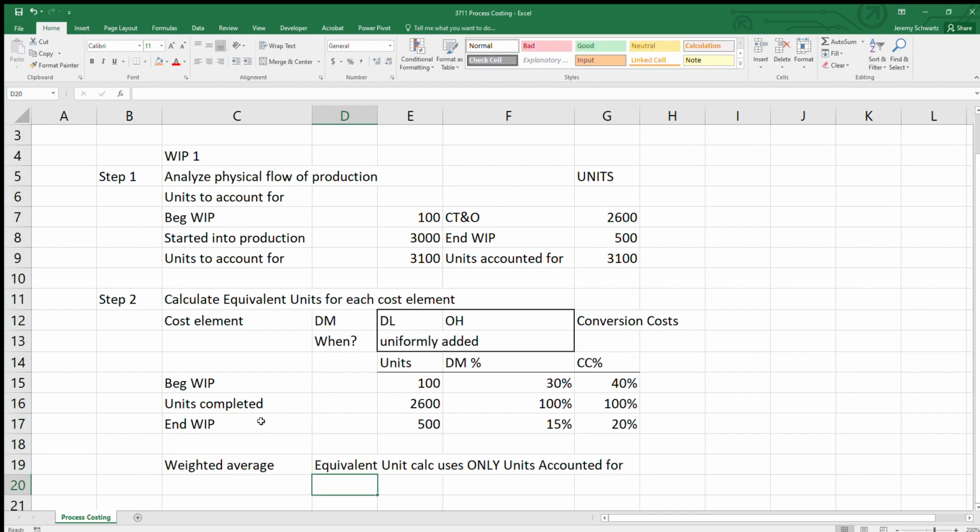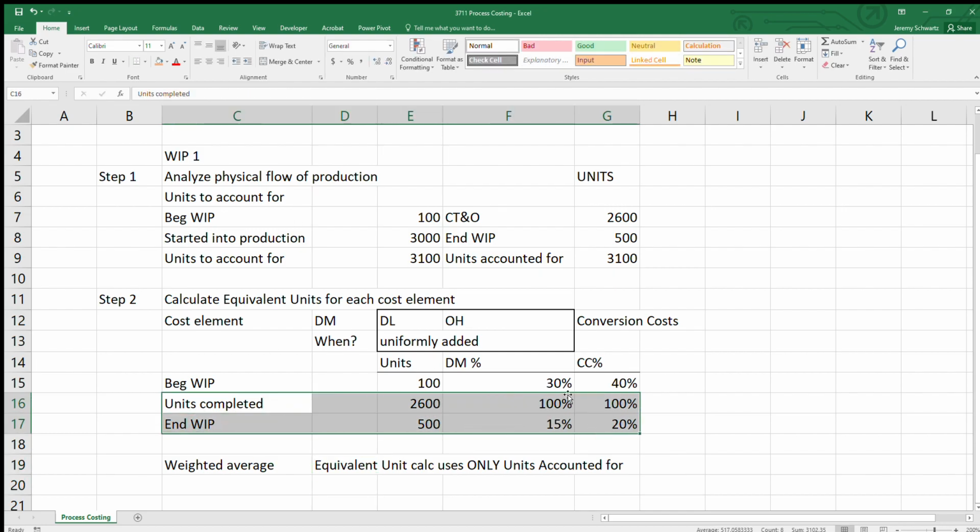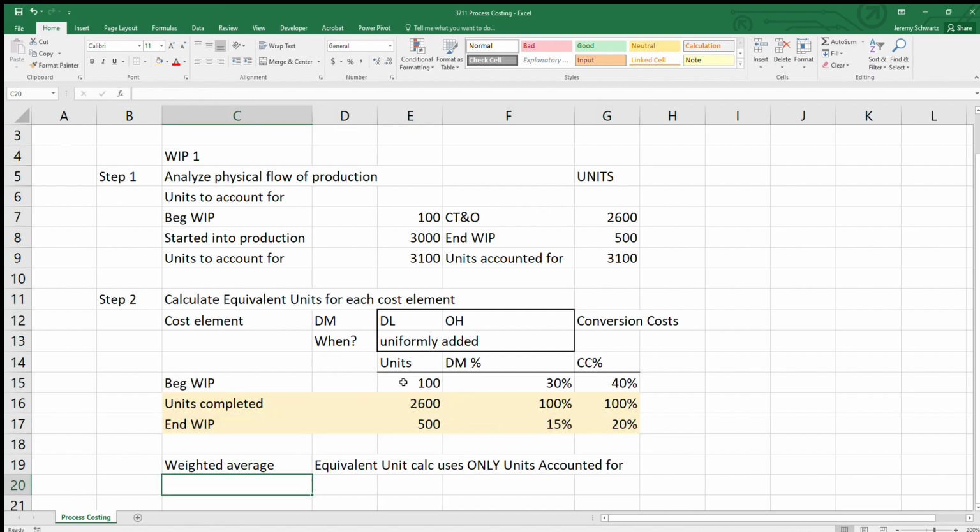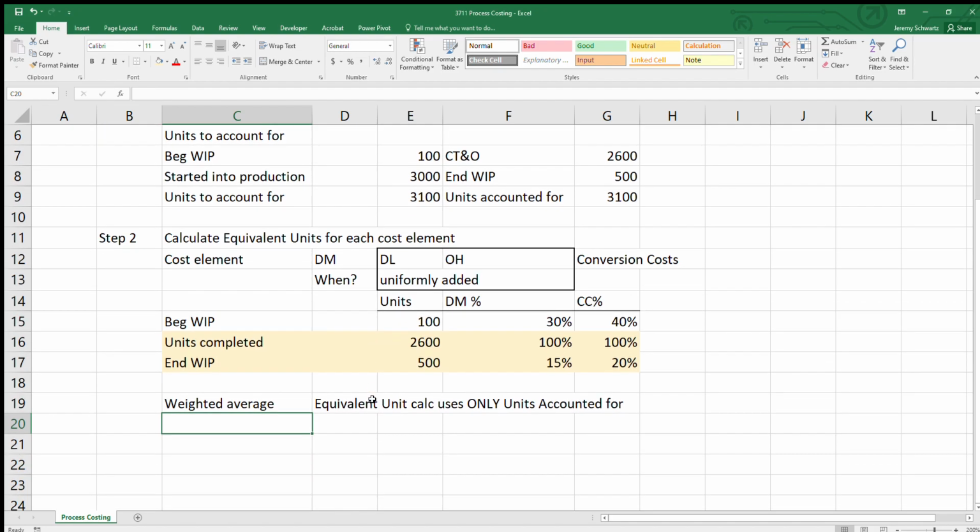That means that we would be using these rows here and ignoring what's in the beginning inventory, beginning work in process.